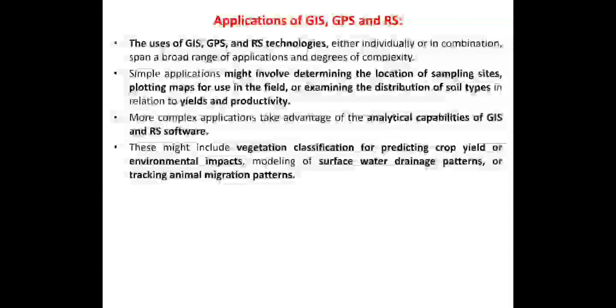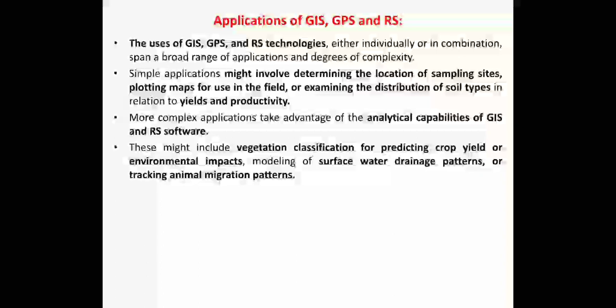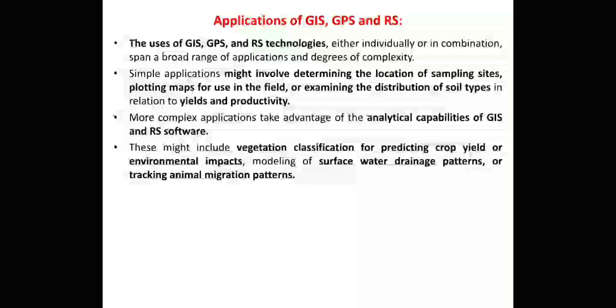Then we can see the applications of GIS, GPS, and remote sensing. The main uses of these technologies, individually or in combination, cover a broad range of applications, avoiding the degree of complexity in the system.